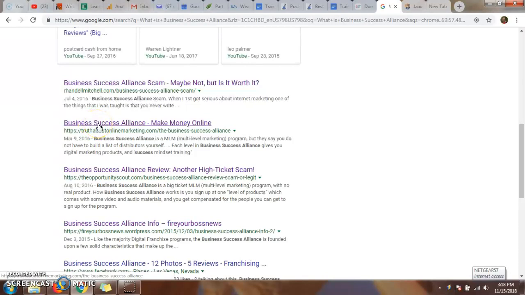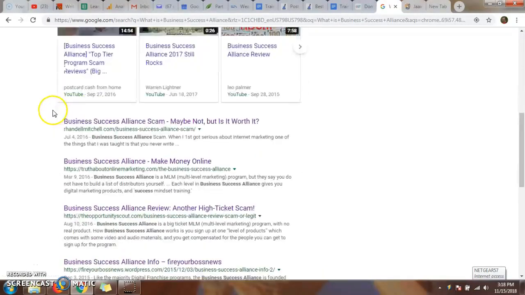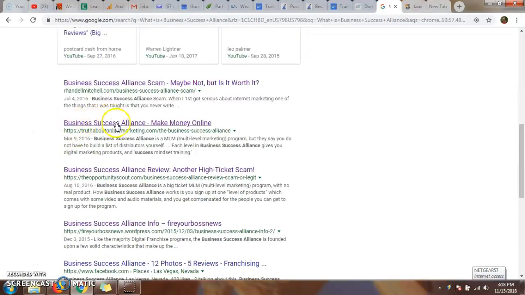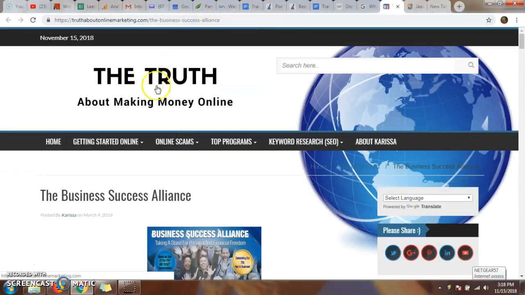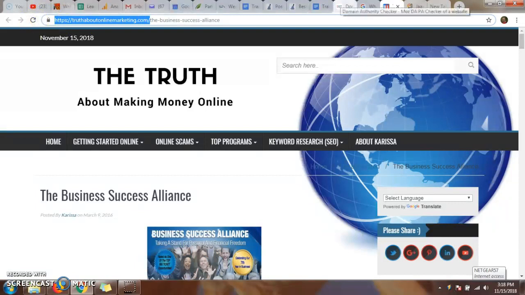Then you can go to the competition that's ranking and see what their domain authority is. With this one, we can take this website and pull it up here. I've looked at this site, so I know it's a Wealthy Affiliate website, and I know it's not super strong as far as its domain authority. At least we have a higher domain authority.